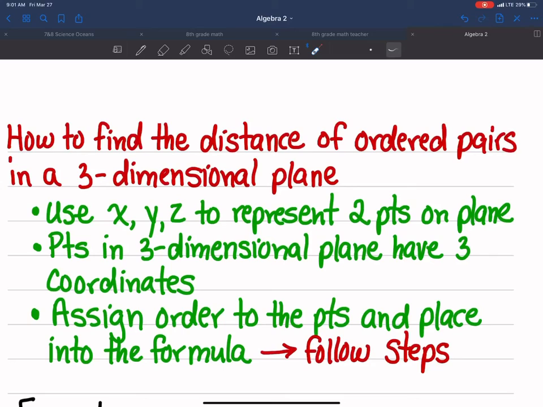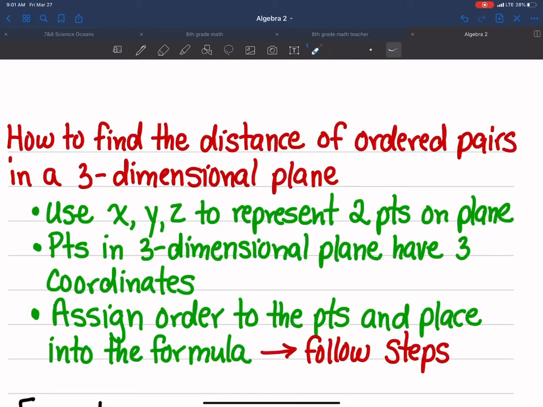When we are talking about a three-dimensional plane, we are going to use three letters to help us represent the points on the plane. In two dimensions, we just use X and Y, because our ordered points had only two digits in the coordinates.